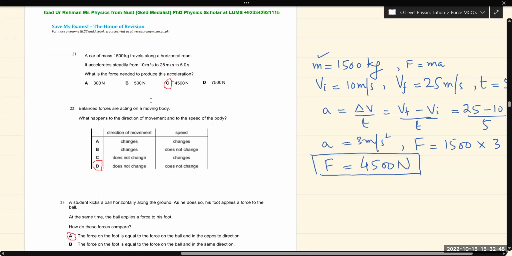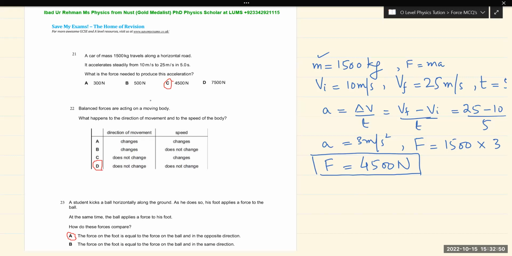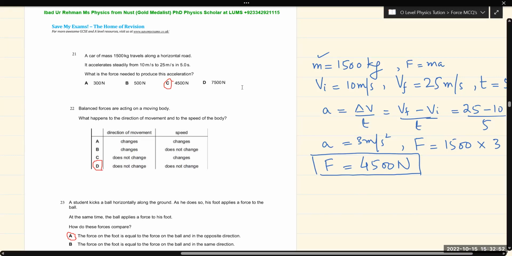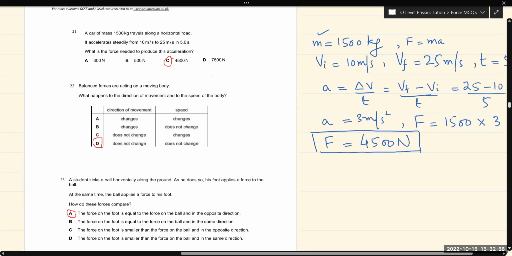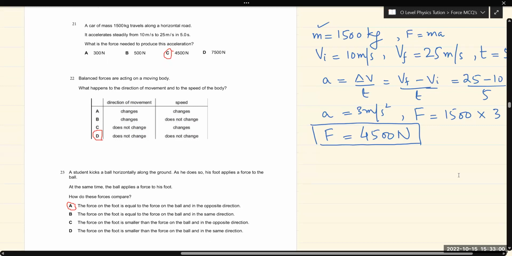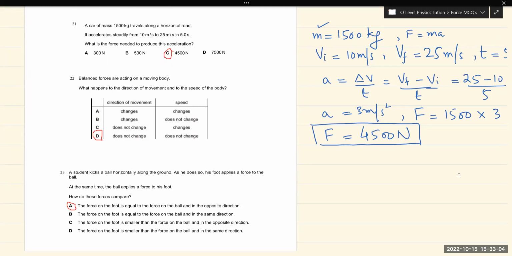So a car of mass 1500 kg travels along a horizontal road. ठीक है? Horizontal road पे travel कर रही है and it accelerates steadily from 10 meter per second to 25 meter per second in 5 seconds. What is the force needed to produce this acceleration?